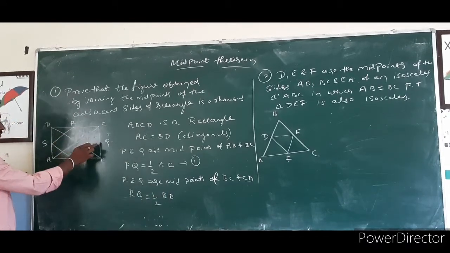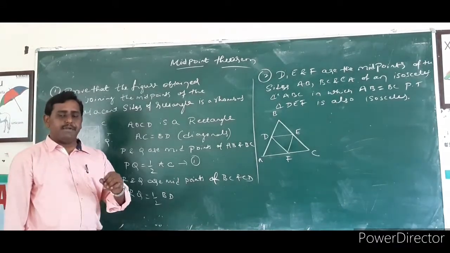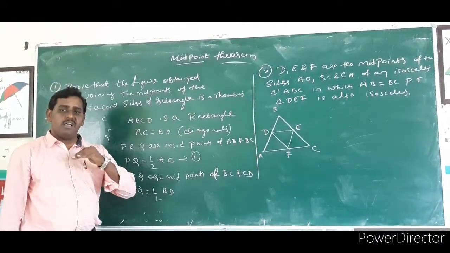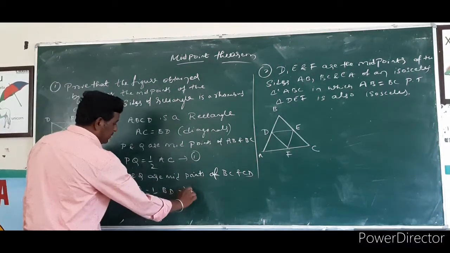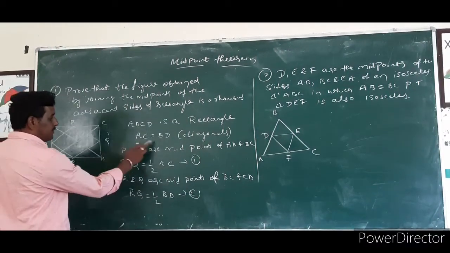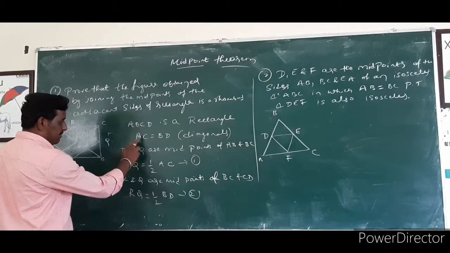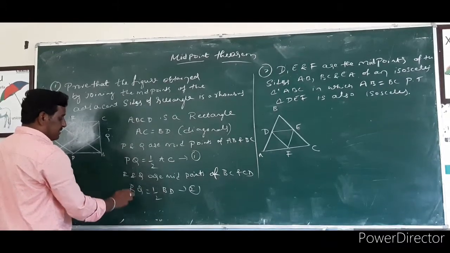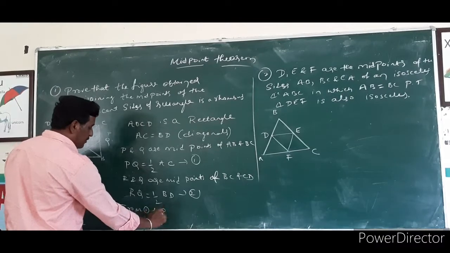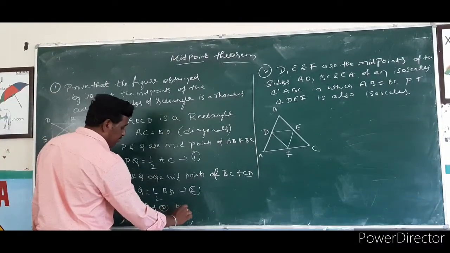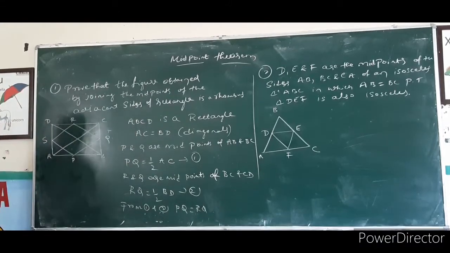You know that the line joining the midpoints of two sides of a triangle is half of the third side. So this is equation number 2. It is given AC is equal to BD, so in the place of BD I am replacing AC. That means from 1 and 2, PQ is equal to RQ.